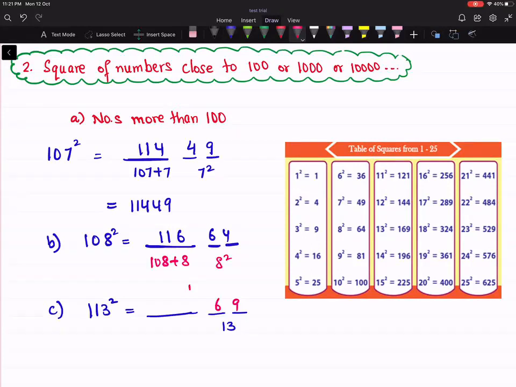So what is 113 plus 13? 113 plus 13 is 126, plus the carry, so my answer is 12769. That's my answer. Here, this is 113 plus 13 is what we are doing in this case.